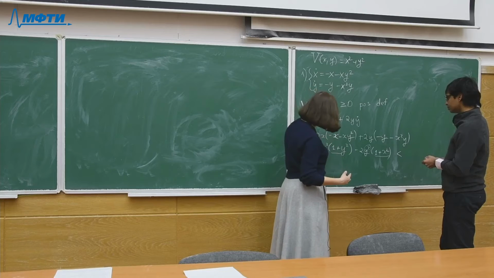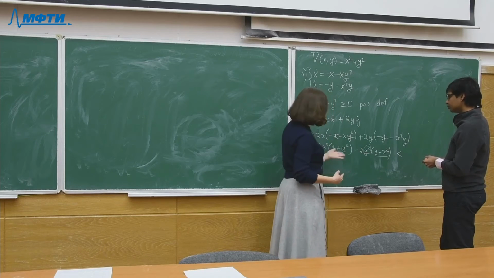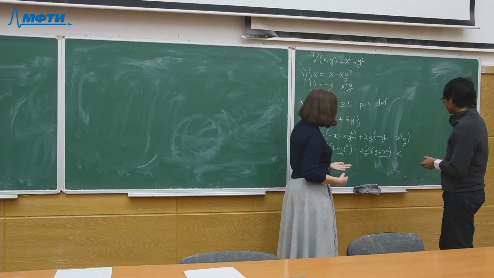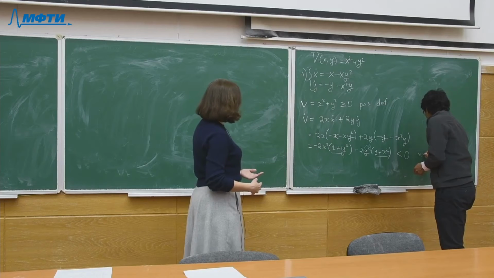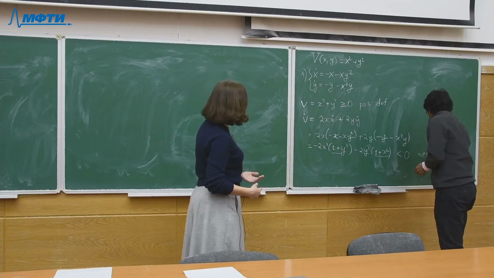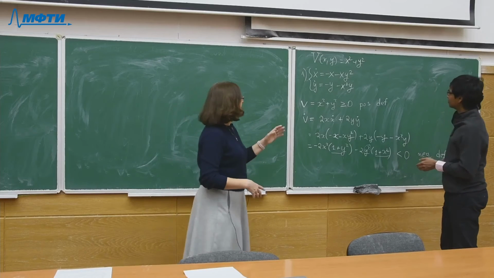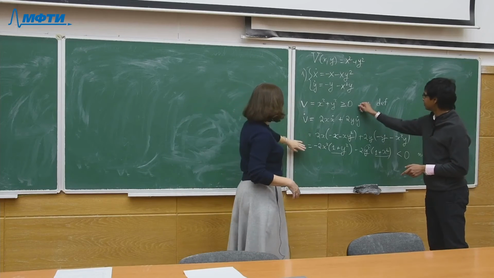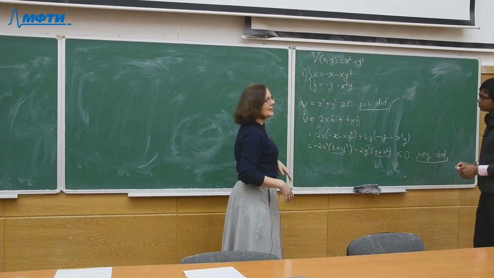If x is 0, then y is not 0. If y is 0, then x is not 0. So it is negative definite, of course, and this proves that it is negative definite.